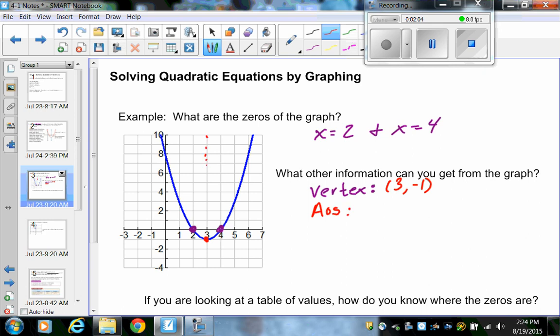So this imaginary line here, which is at x equals 3. And we also can see that we have a y-intercept, which is where it crosses the y-axis, over here. So it's either at y equals 8, or we could just write it as an ordered pair of 0, 8.